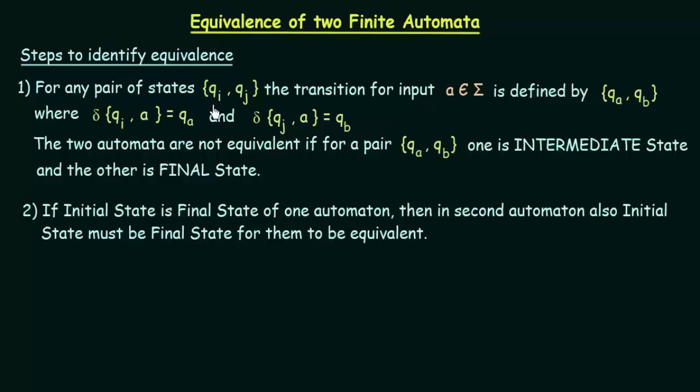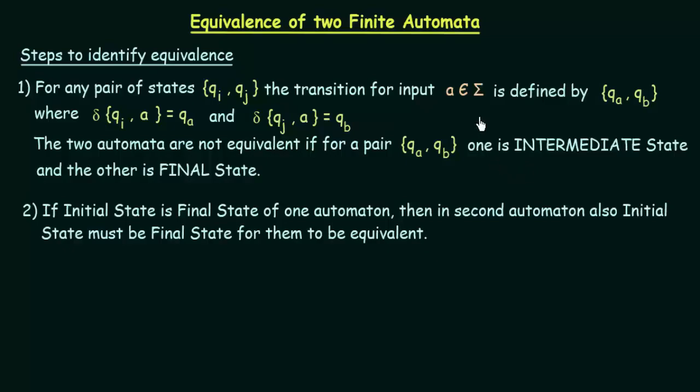That means, where does qi from the first automaton go on getting input a, and where does the state qj from the second automaton go on getting this particular input a. Let's say that qi goes to qa and qj goes to qb on input a in both automata.